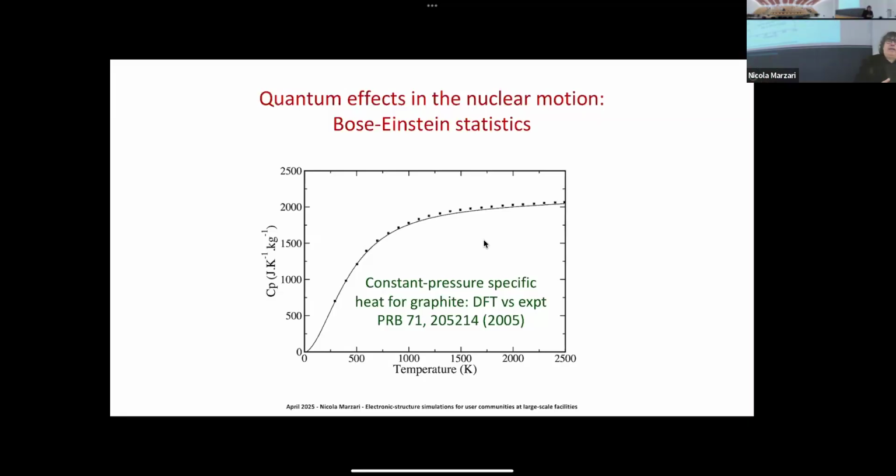What is the specific heat? Specific heat is how much heat a solid is able to absorb. If the nuclei are classical, there is a continuum of vibration. A nucleus can vibrate very little or a lot, and it's a continuum. And if instead a nucleus is quantum mechanical, it can only have discrete quanta of excitation, exactly as the quantum electron in a hydrogen atom has discrete quanta of excitation.